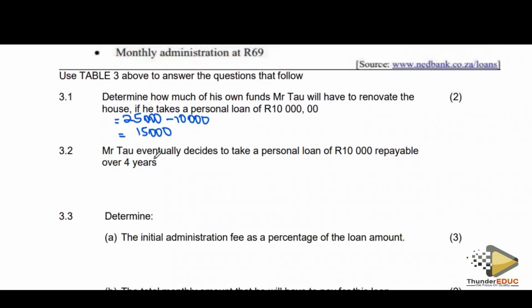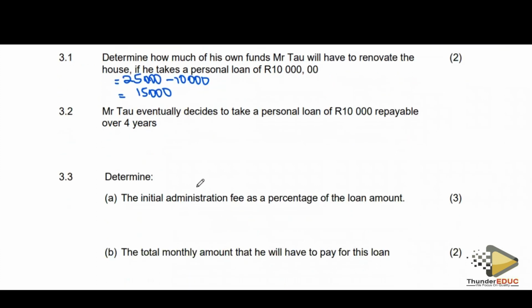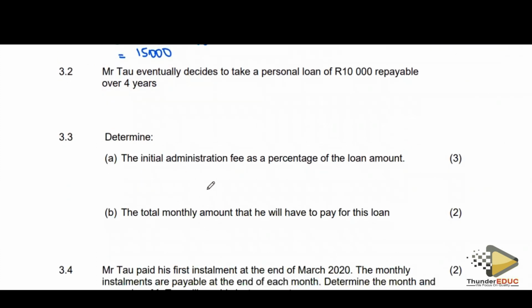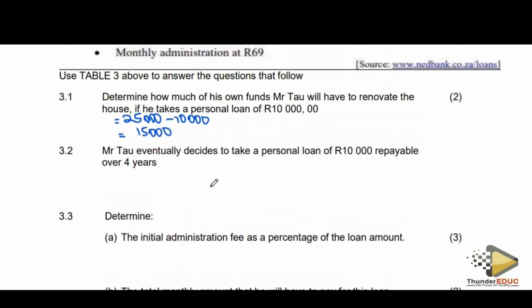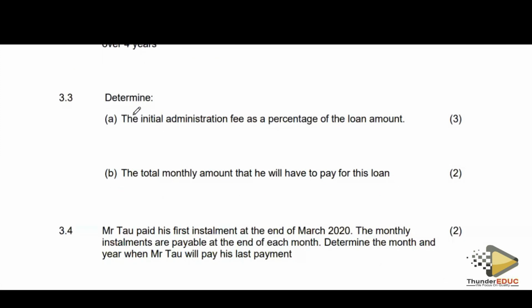Eventually, Mr. Dawo decides to take a personal loan of 10,000, repayable over 4 years. Determine, number 1, the initial admin fee as a percentage of the loan amount.